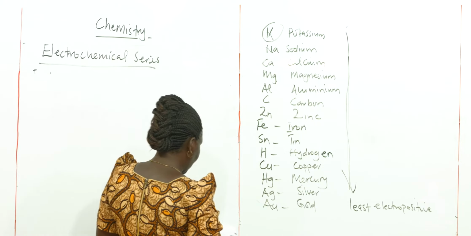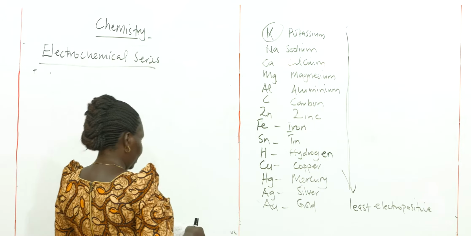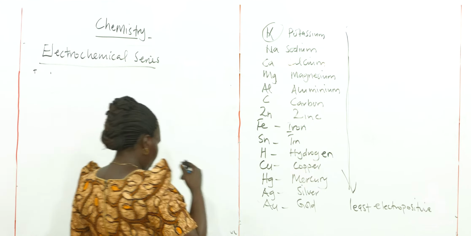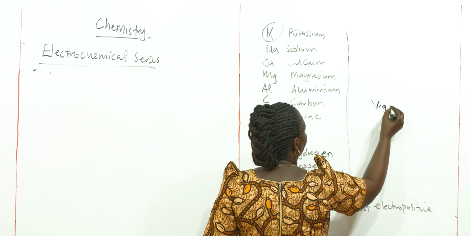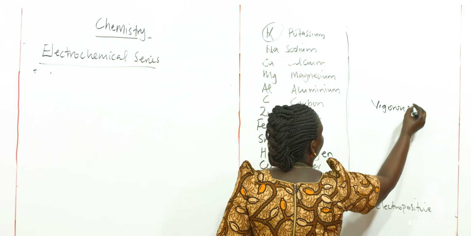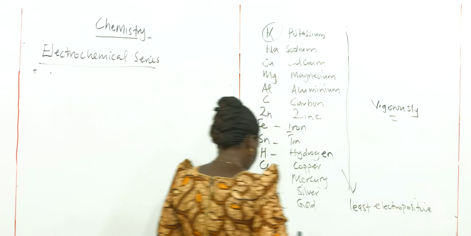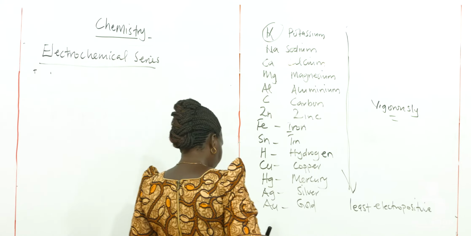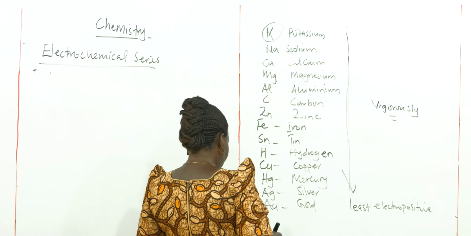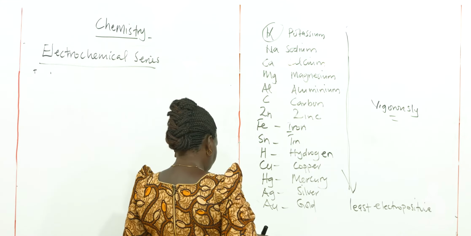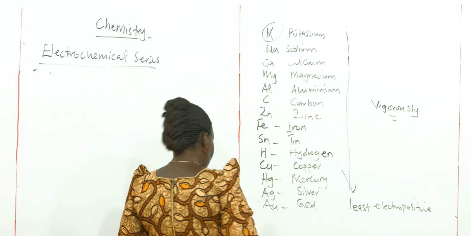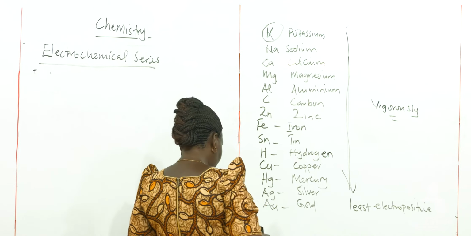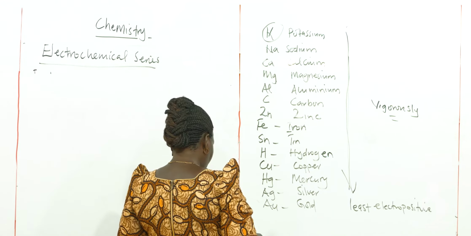We consider the reaction of oxygen with metals. Oxygen reacts with metals vigorously, and then with decreasing vigorousness from top to bottom. The reactivity of metals with oxygen decreases.